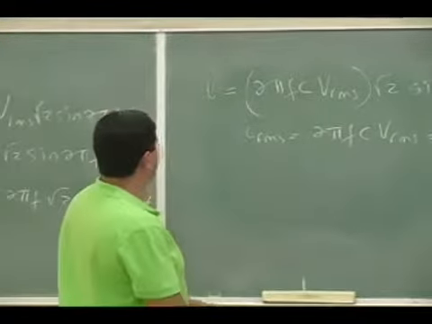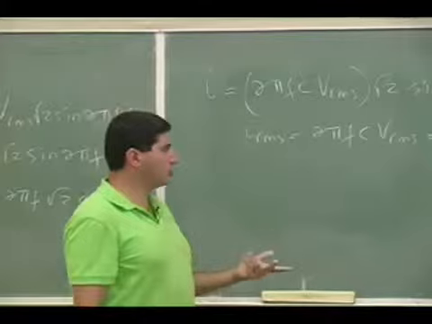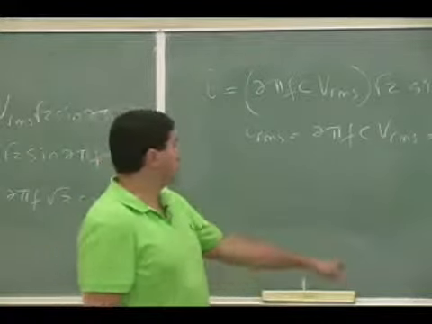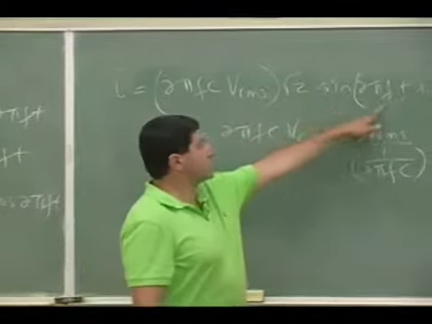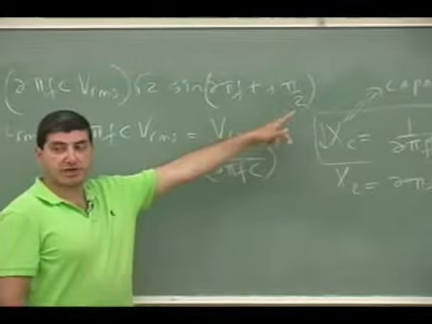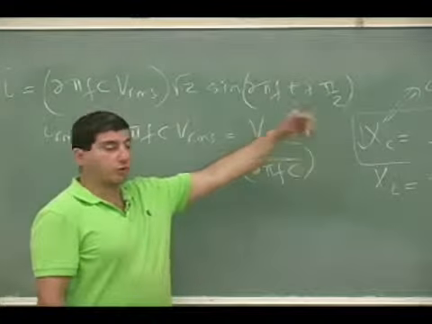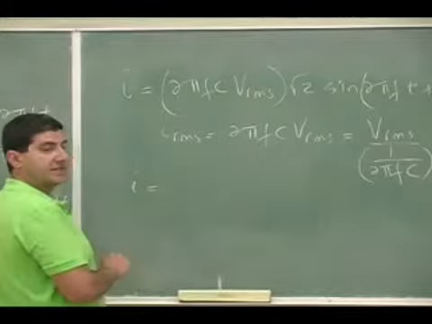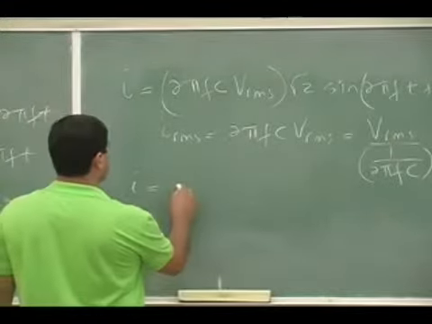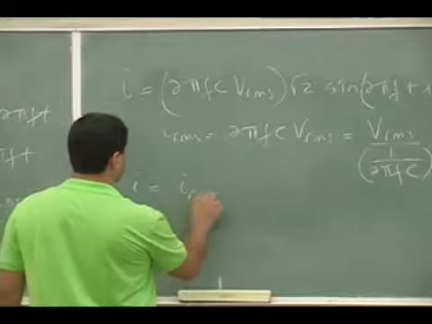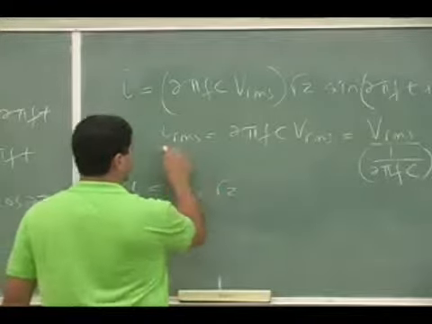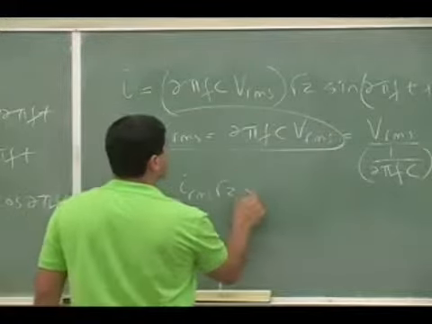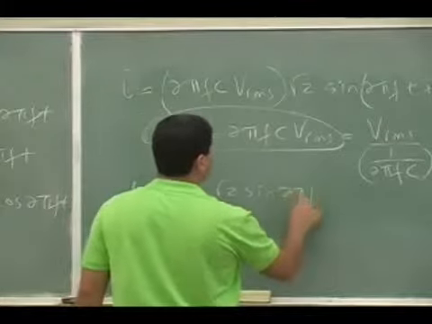Okay, so now let's go into the phase angle thing. The current is ahead of the voltage of the capacitor, right? Or we could write it this way. We could write the current as I root mean square root 2 sine of 2 pi ft.